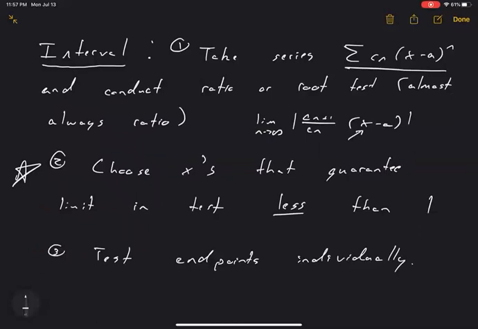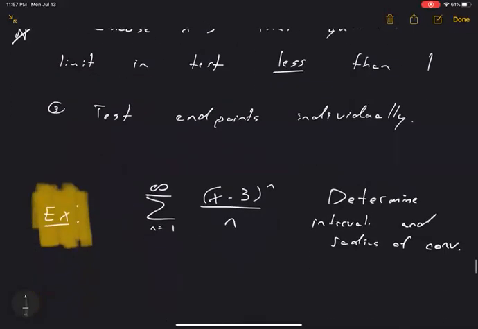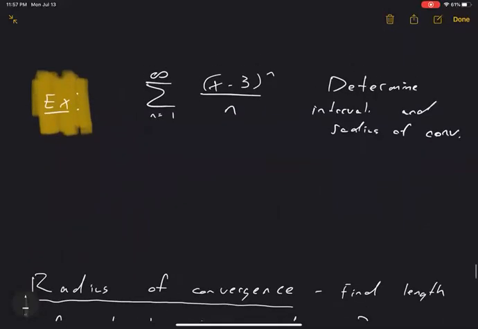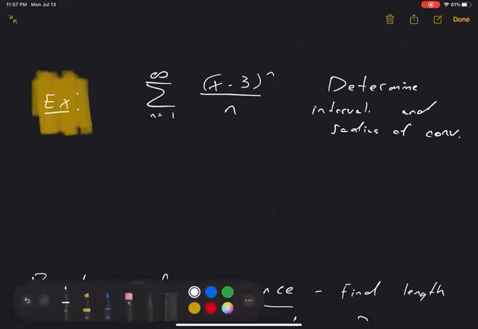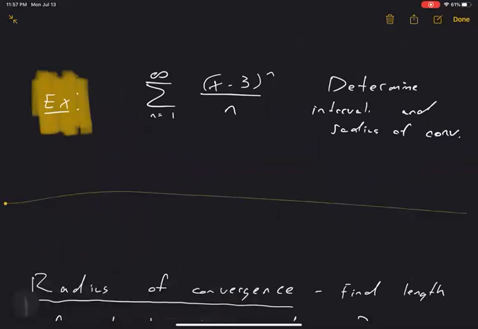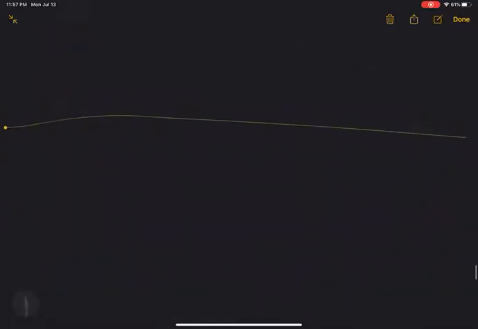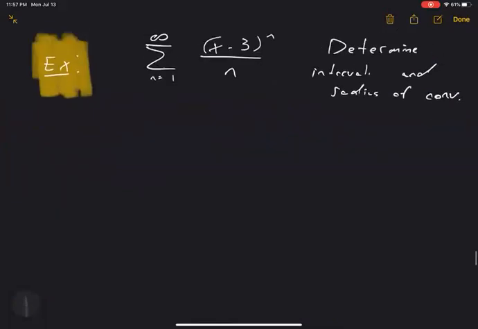Step one, take the series and conduct the ratio test. All right, so let's start with that. I'm giving myself some more room. All right, so I conduct the ratio test. So first thing I need to find is a_{n+1} over a_n.